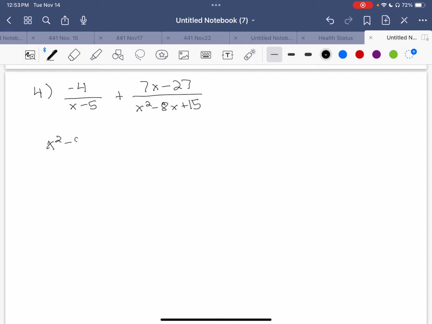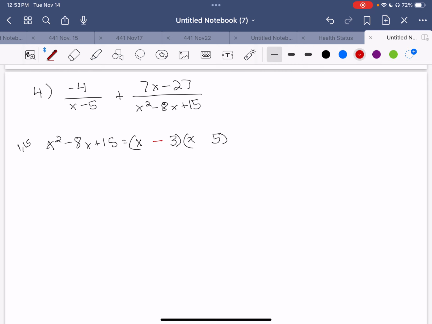X squared minus 8x plus 15. X times x will give me x squared. 3 times 5 will give me 15. Other options, if that didn't work, would be 1 and 15. So then I'm reasoning, I have a positive, so I need the same signs. I have a negative, so that needs to be a negative sign.